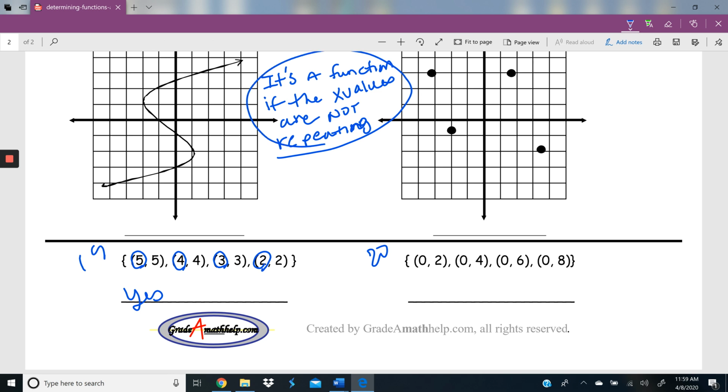I also want you to write down, if the x values repeat, it is not a function.